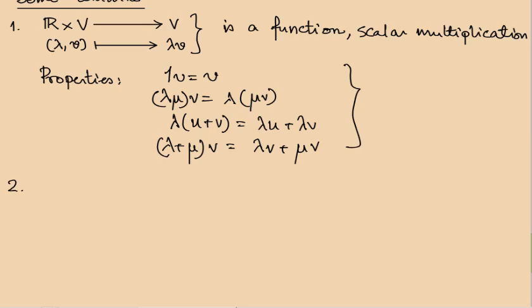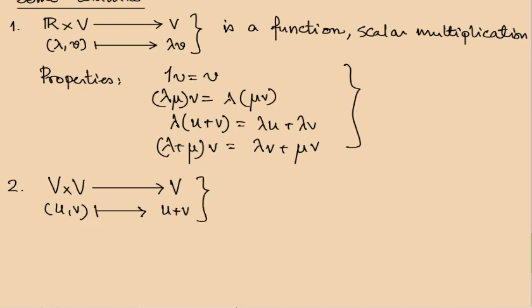Regarding the addition, to each pair of vectors, so this is a set of pairs, we associate a unique vector called the sum.